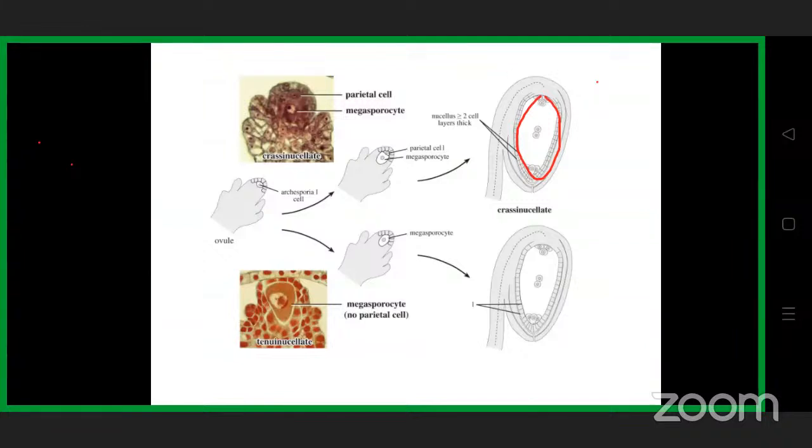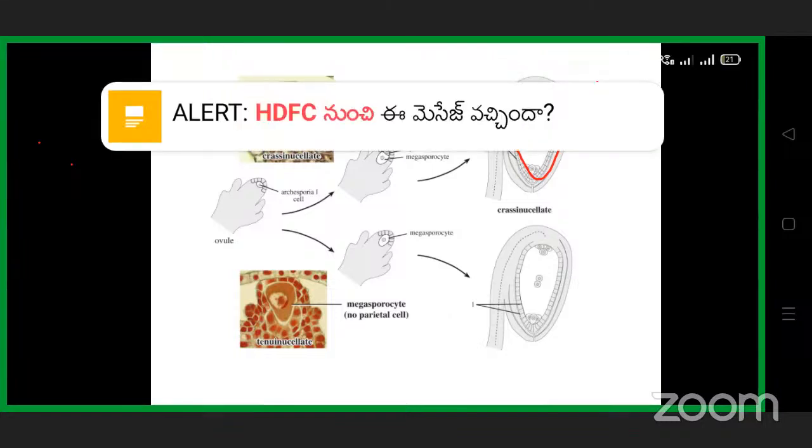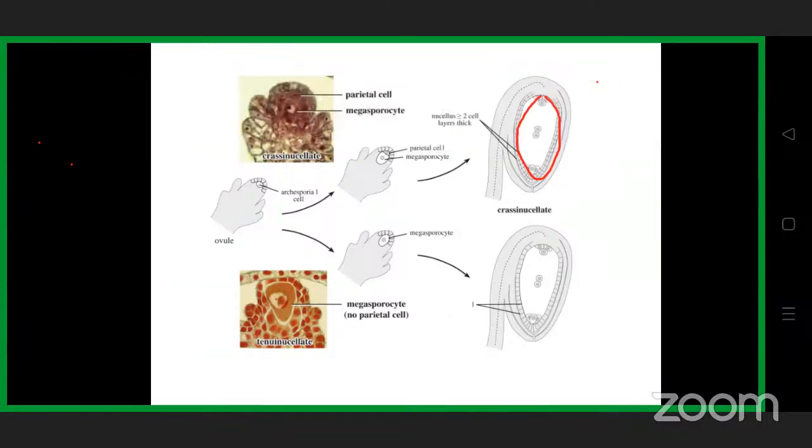That is the nucellus. We also call it ovular tapetum. It is also a nutritious layer. The endothelium is also called ovular tapetum. This endothelium is forming from the nucellar tissues.